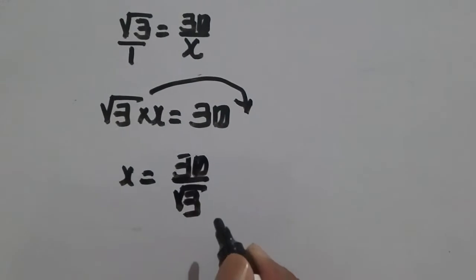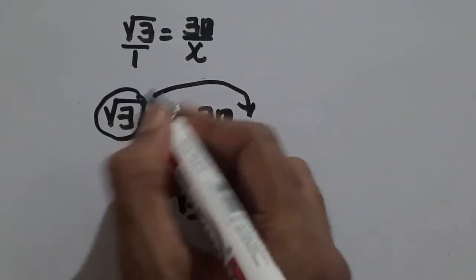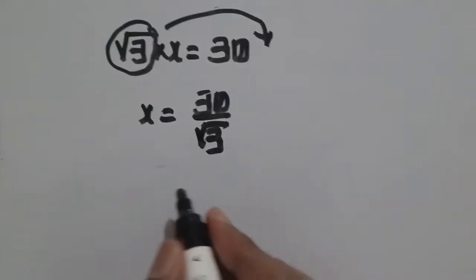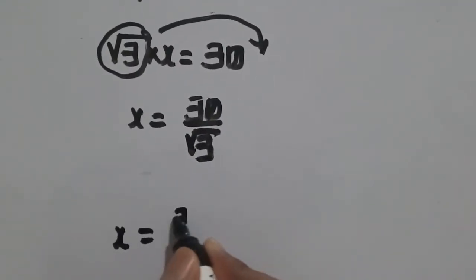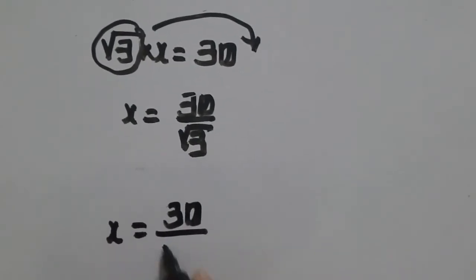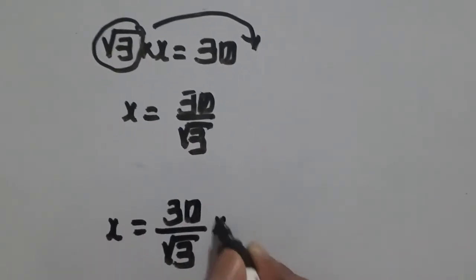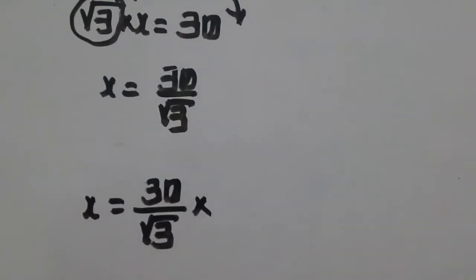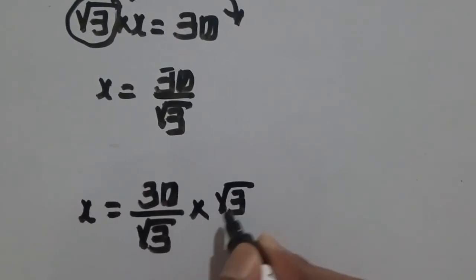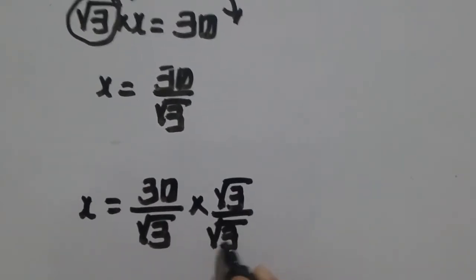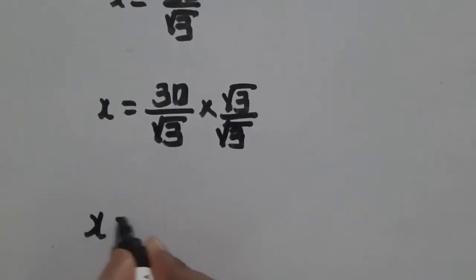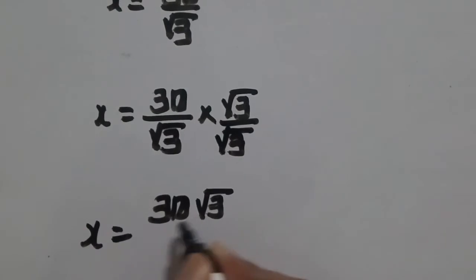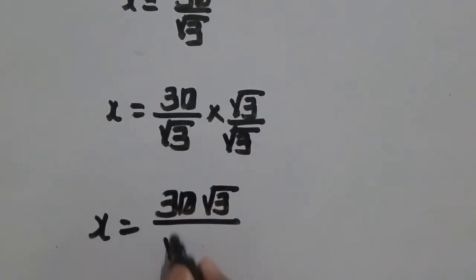Transposing to the RHS, a multiplication quantity becomes a division quantity, so you should write it in the denominator. Now X is equal to 30 by root 3, and we rationalize with root 3. Rationalizing means multiplying and dividing by root 3. So X is equal to 30 into root 3 by root 3 into root 3, which is root 3 whole square.